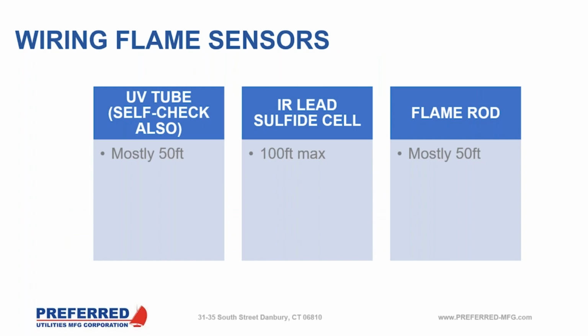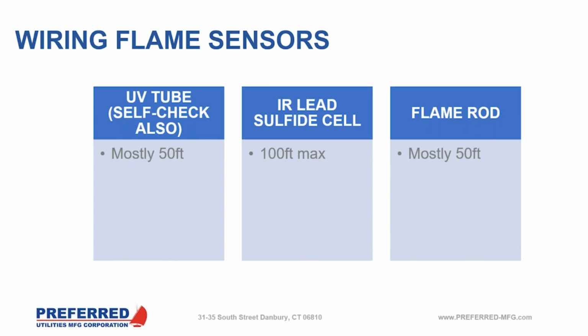Wiring a flame scanner, once it's done correctly, most of the time there are no issues with the wiring as a rule, unless there are some vibration issues or maybe some heat issues. One of the biggest mistakes people make when they're wiring a flame scanner, regardless of whether it's from the manufacturer or in the field, is they will run the flame scanner wiring too close to the ignition wiring.